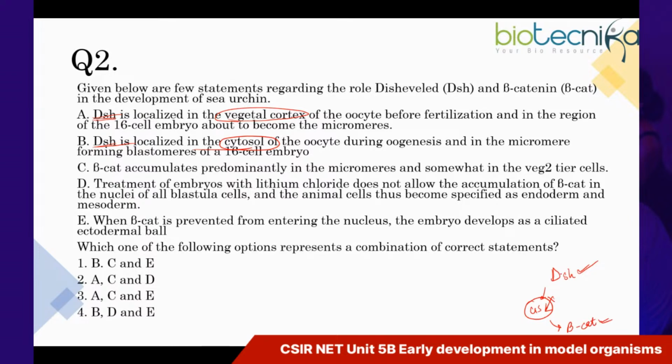So indirectly, wherever DSH is there, beta-catenin will be free. If beta-catenin is appearing in micromeres and Veg2 cells, where are these located in the entire embryo?